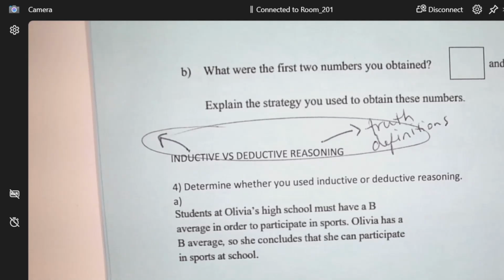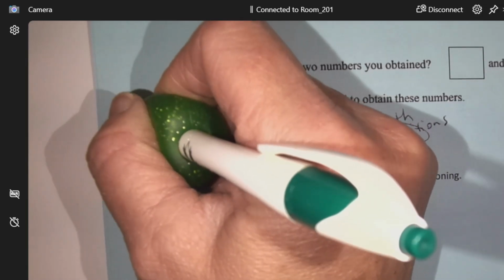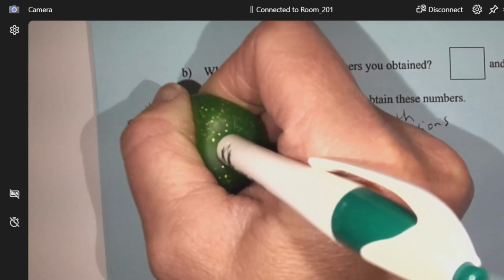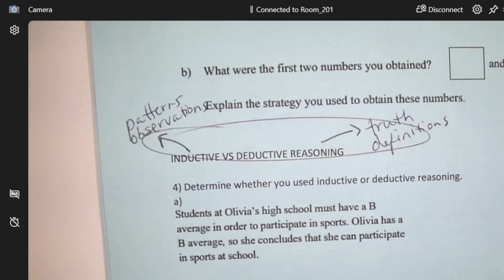Inductive uses patterns, observations. So that's the difference. One uses concrete evidence, and the other one uses some observations. This one is the concrete, for sure, definite.